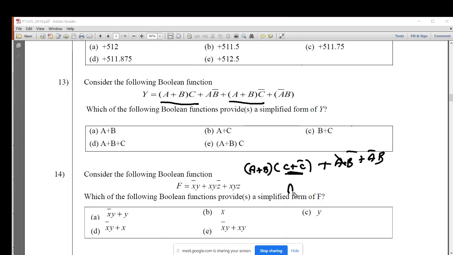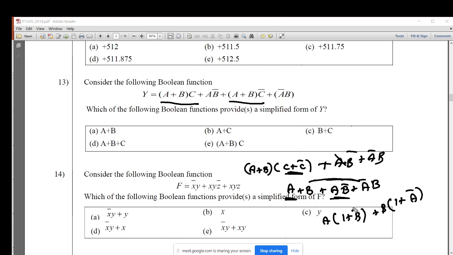So therefore this is A plus B plus A B bar plus A bar B. Now I like to take this one and this one together, because then I can take A out, that is A(1 plus B bar), plus I will take these two together so that I can take B out, because A bar B I can write as B A bar. Remember, A dot B is the same as B dot A. Then I have B(1 plus A bar).